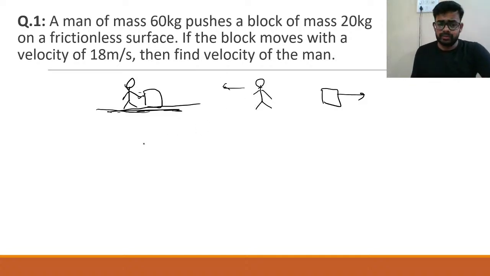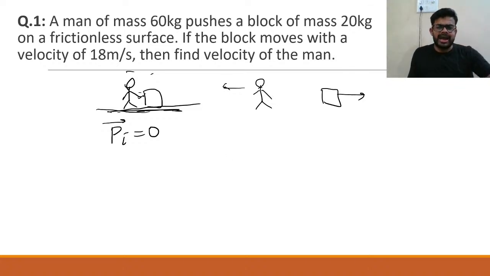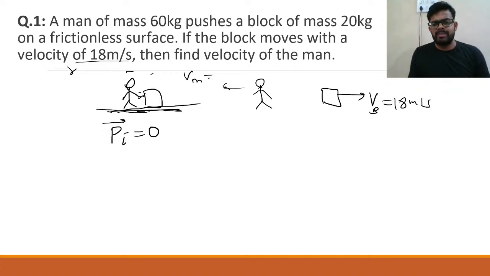Why is this happening? Because initially both are at rest. Consider initially both are at rest, so the initial momentum of the system is zero. It is not written in the question, but I am telling you they are at rest. Now the block moves with a velocity of 18 meters per second, and they are asking for the velocity of the man.